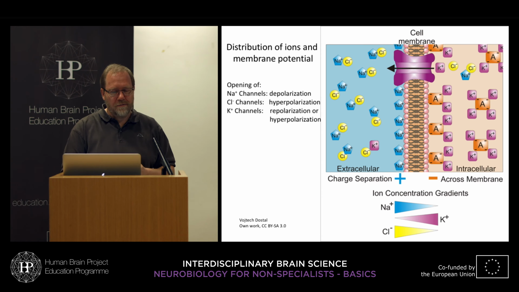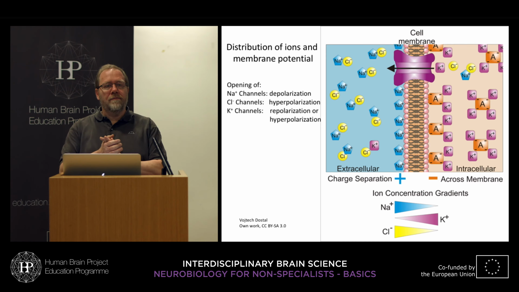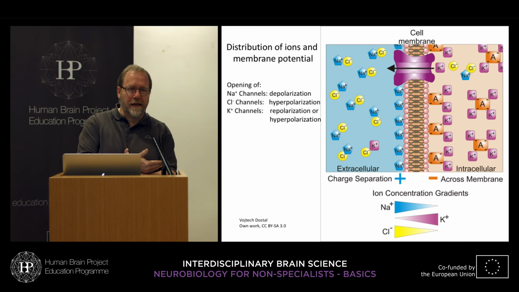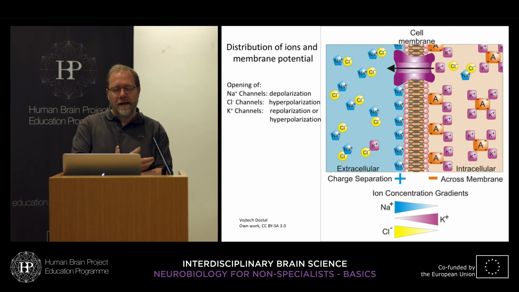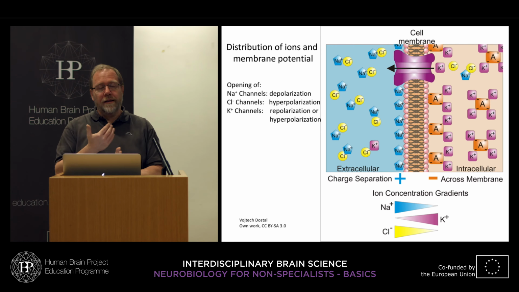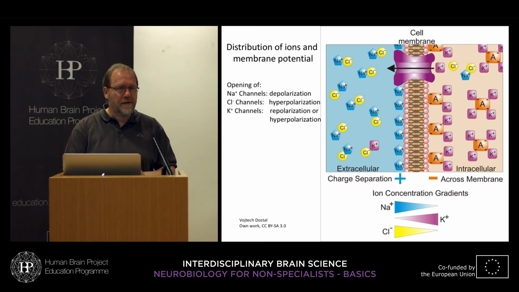If we open a potassium channel, then the positively charged potassium runs from the inside of the cell to the outside because we have much more potassium inside. This can lead to a hyperpolarization if the cell is resting, or, in case sodium has already fluxed into the cell, to a repolarization. This is a mechanism frequently used by axons to rebuild the membrane potential.